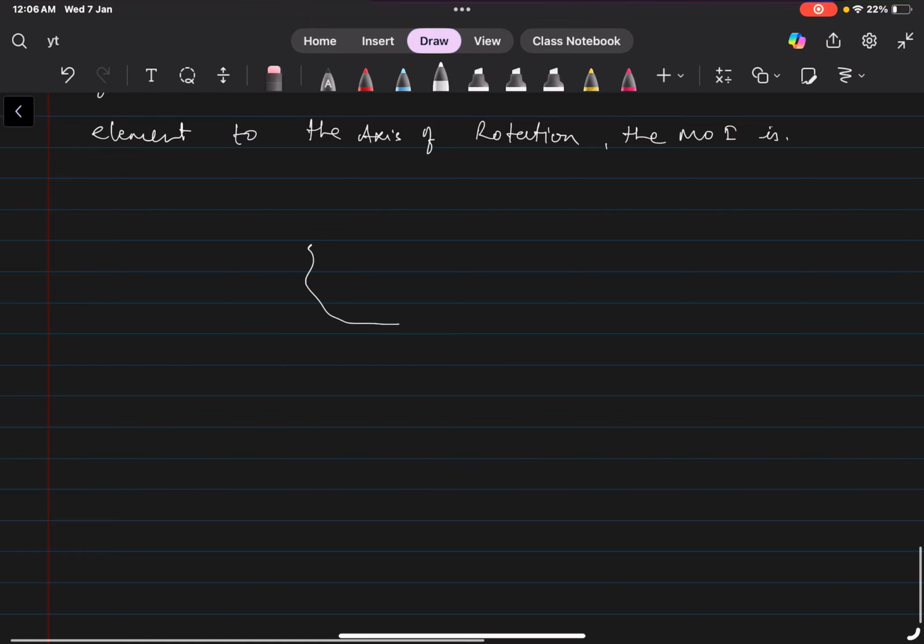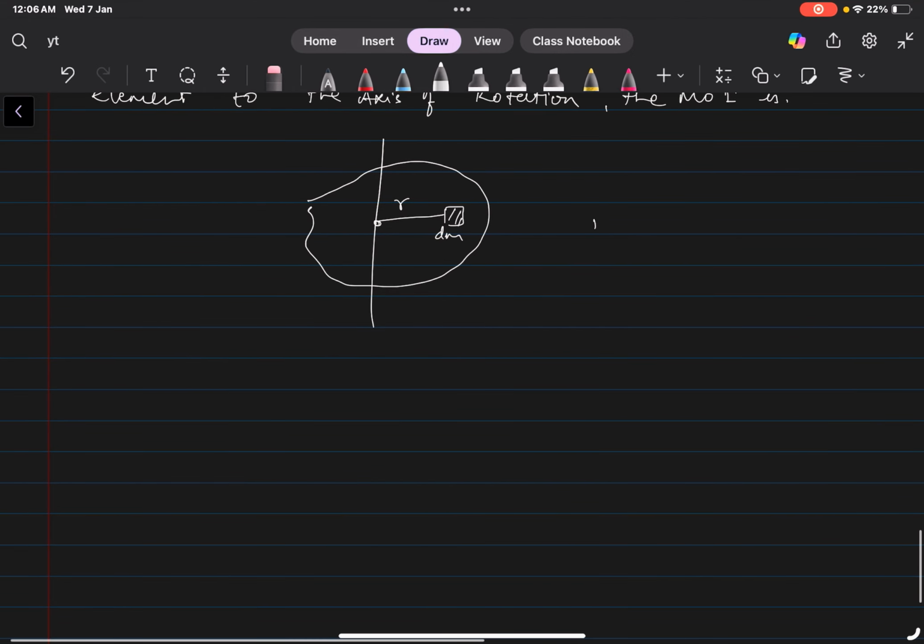suppose there is a mass distribution like this, and from here a certain point at a distance r is the dm mass. So the moment of inertia is equal to the integral of r square dm.